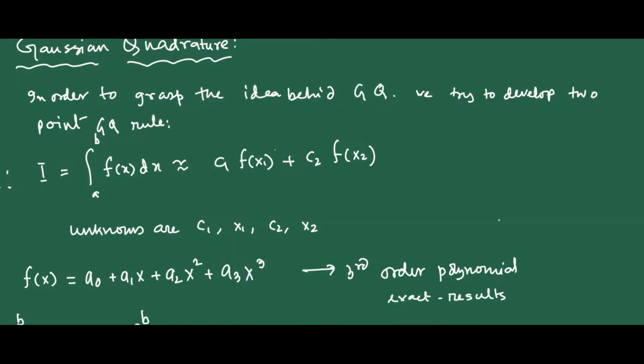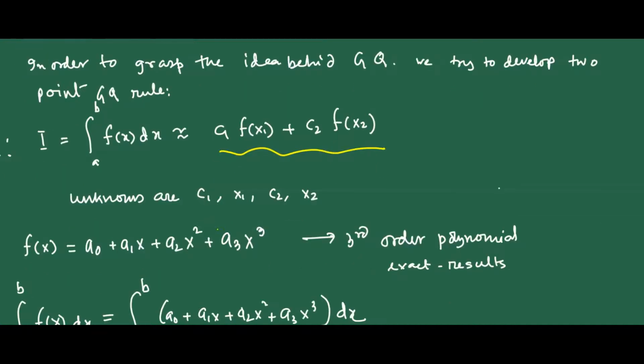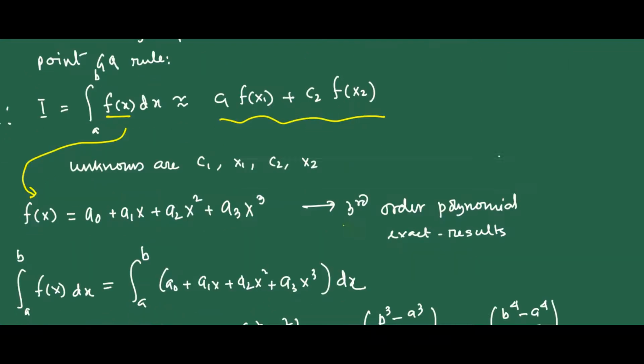Here I am approximating the whole integration like this, where c1, x1, c2, x2 are unknowns, and the integrand is approximated as a third order polynomial. For a third order polynomial, this should give the exact result when written in terms of c1 f(x1) plus c2 f(x2).